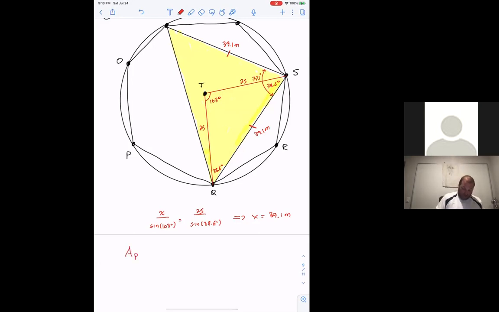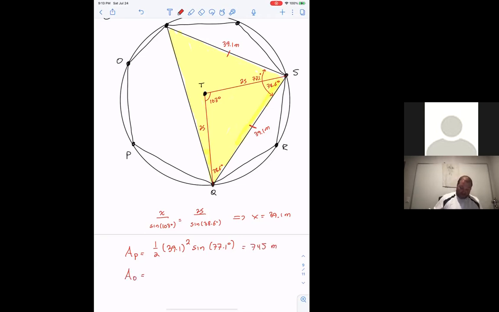So the area of the playground is 1/2 times 39.1 squared times sine of 77.1 degrees. This gives me an area of the playground of 745 meters.